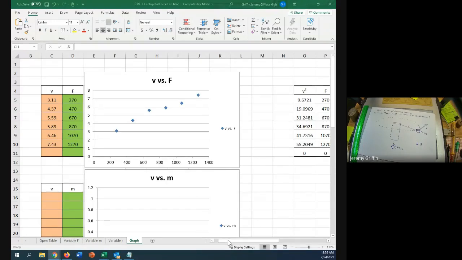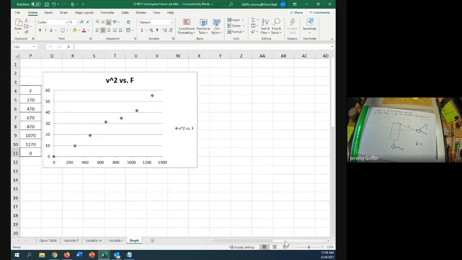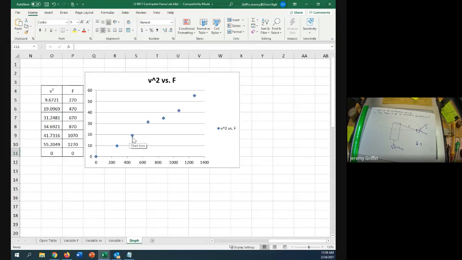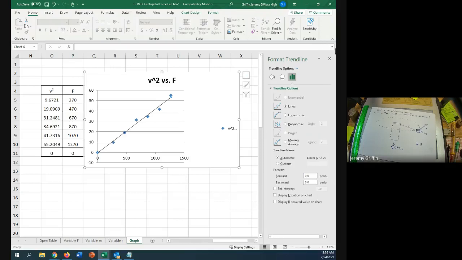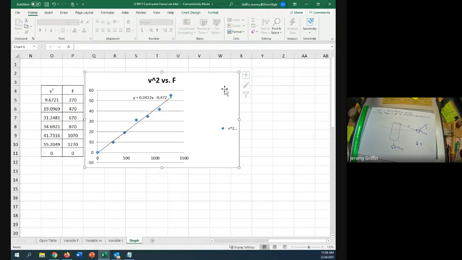If I square the velocity, that speed axis, when I get v squared versus f, if I follow exactly what I just did, v squared versus f should line up in a straight line. Let's see if it does. Oh, look at that. It's a straight line. Line of best fit, add a line, add an equation if I want. Look at that.